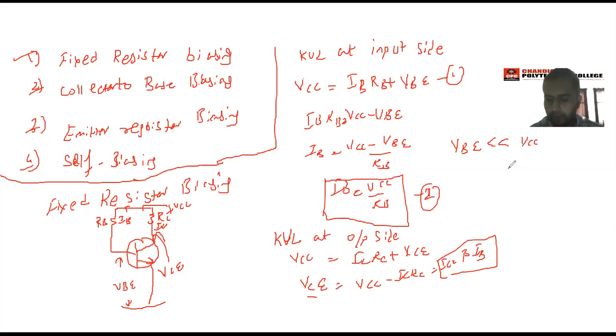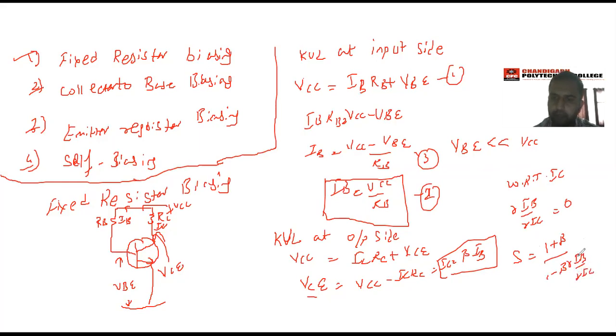Now differentiate the equation with respect to IC. Now we can differentiate the value of IB with respect to IC, so the derivative of IB upon derivative of IC is equal to 0. And we already have the formula of S, that is 1 plus beta upon 1 minus beta times derivative of IB upon derivative of IC.